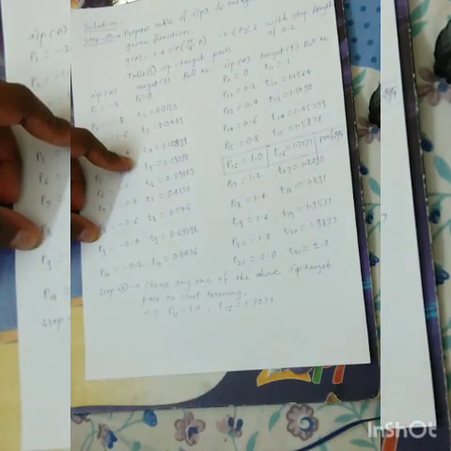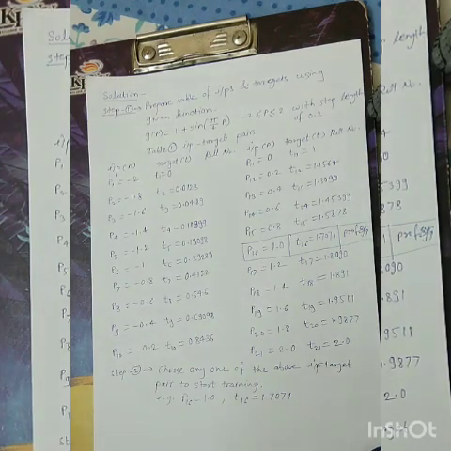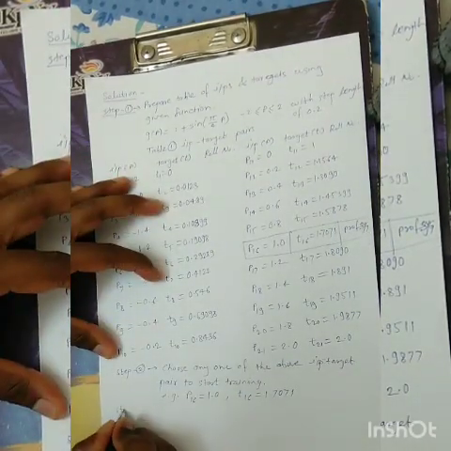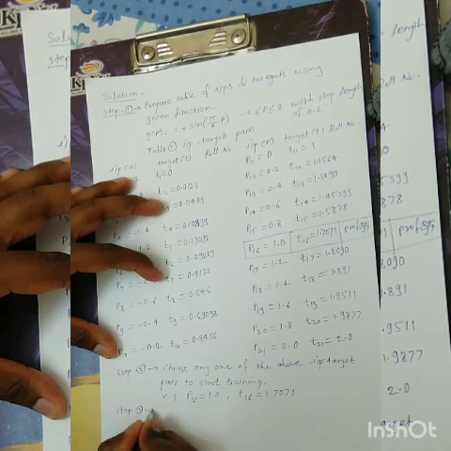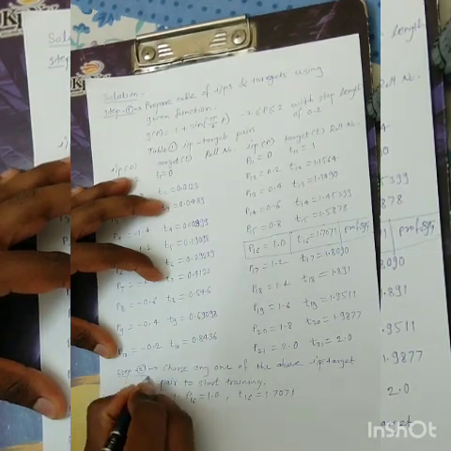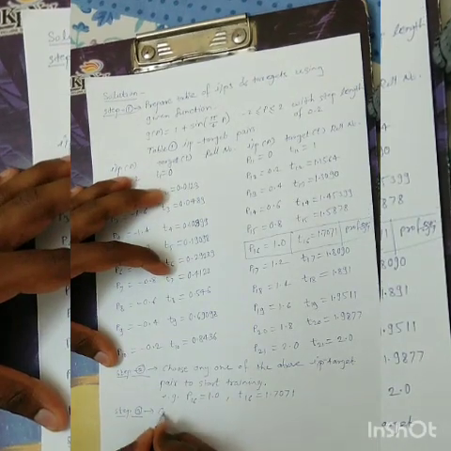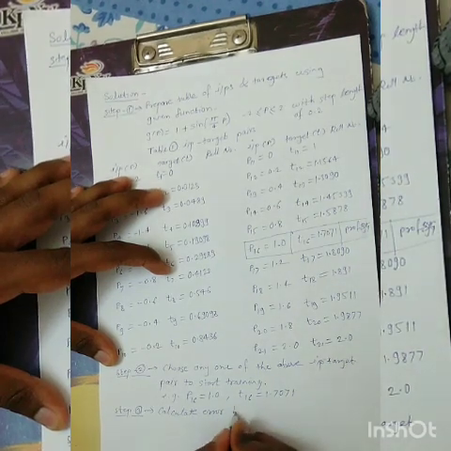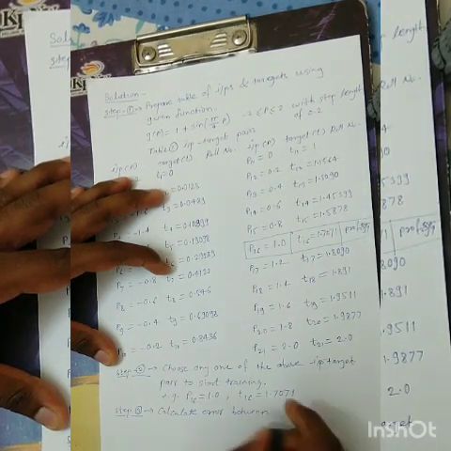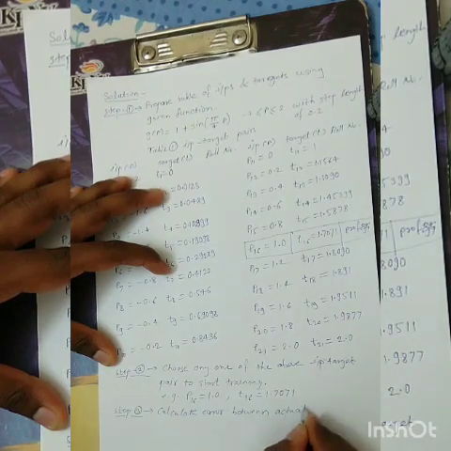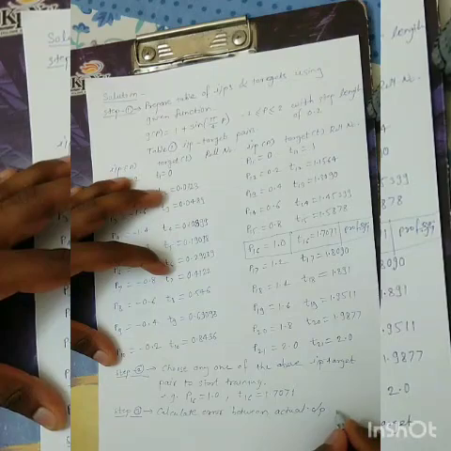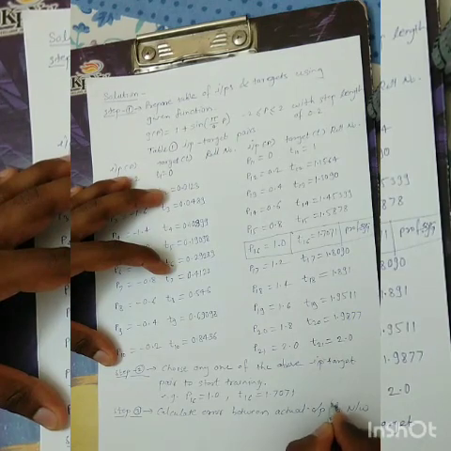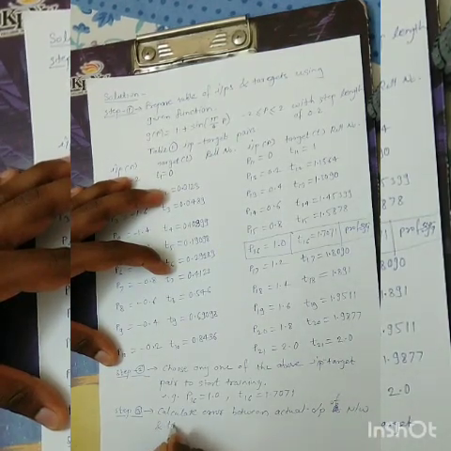Okay, once we choose the input target pair, then the next step will be step 3, calculate error between actual output of network and target.